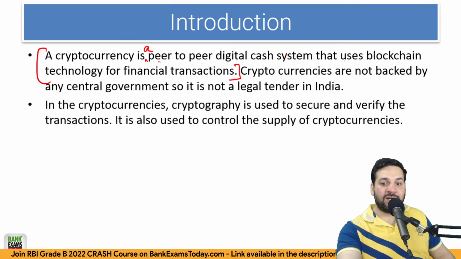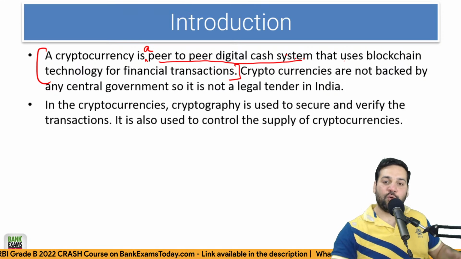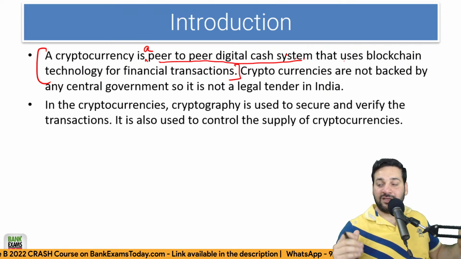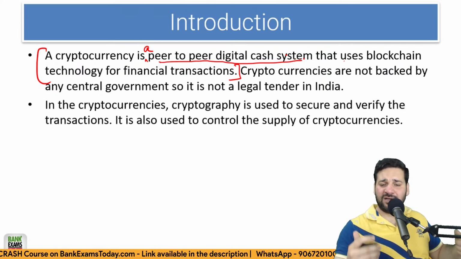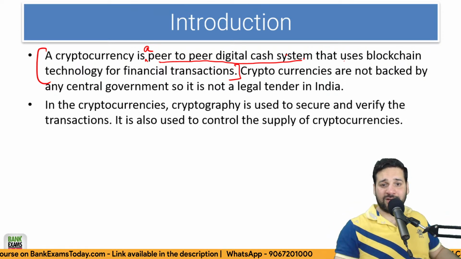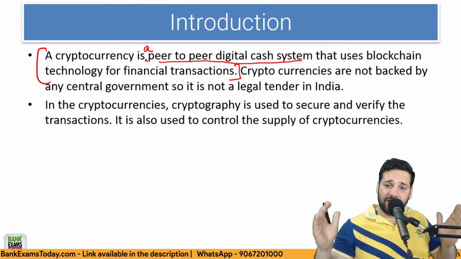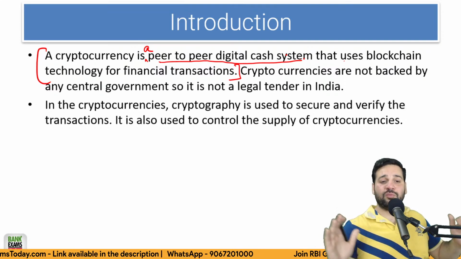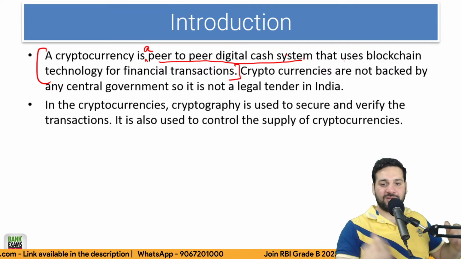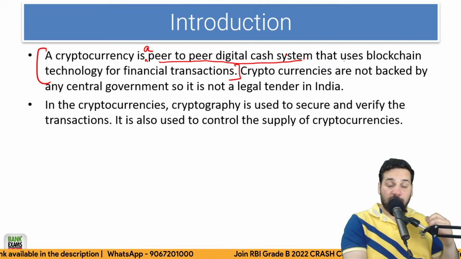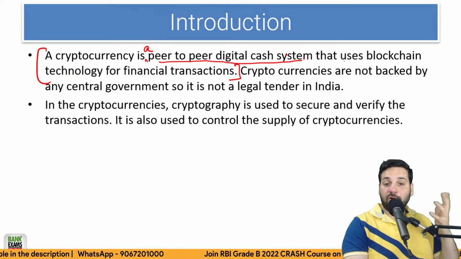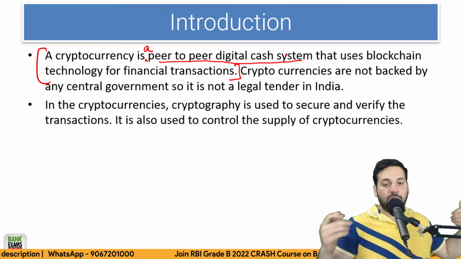The phrase peer-to-peer digital cash system is self-explanatory. It is explaining the whole cryptocurrency concept: a peer-to-peer digital cash system that uses blockchain technology for financial transactions. We should not explain the whole blockchain technology here because it will take a lot of time.